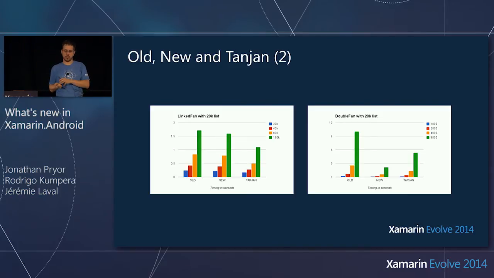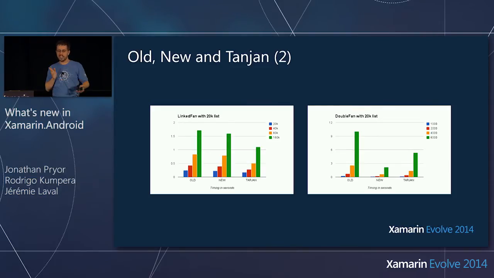But if you look at the other one, which is the double fan, it's kind of a weird linked list where everything points inside out. Inside one object, and this object points inside out. The Tarjan bridge becomes slower than new. So we have this balance where in some benchmarks new is faster and in some benchmarks Tarjan is faster.